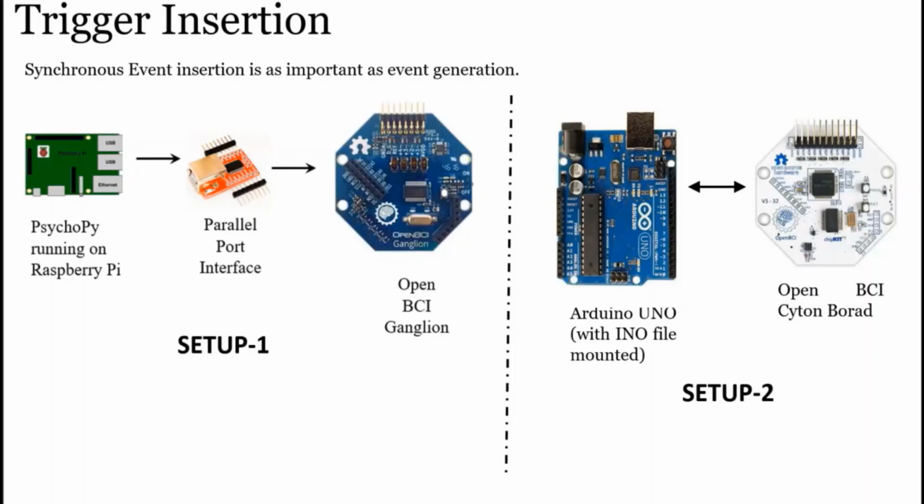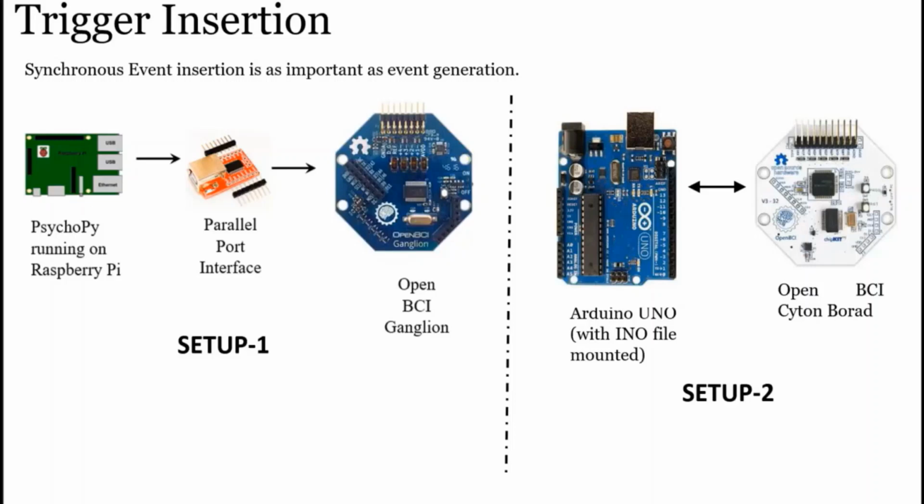Now the Ganglion was a smaller recording device, 4 channel, whereas Cyton is an 8-channel board of OpenBCI. It's a standard board which is used to acquire biopotential. Now how does this Arduino perform two tasks? One, it is generating a sound, and at the same time it is conveying your event information to OpenBCI.